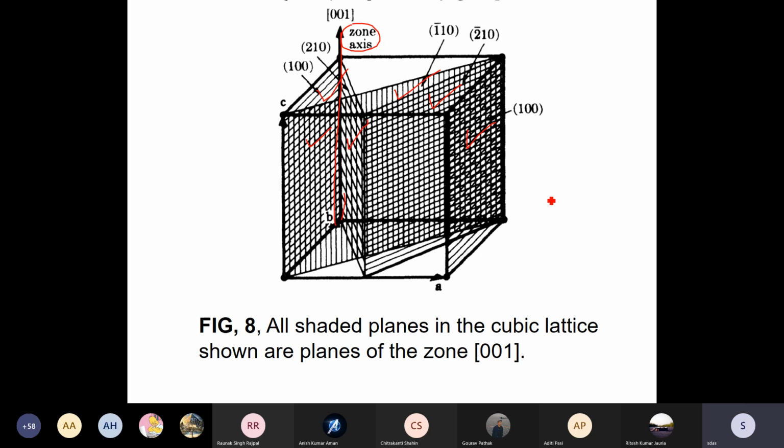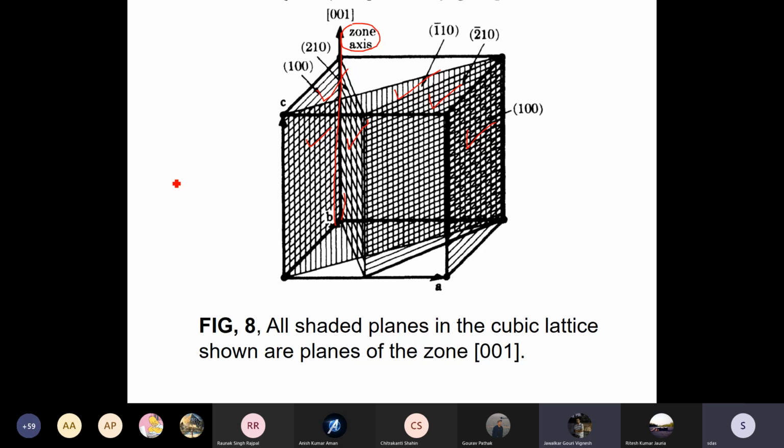How many of you do not know Bragg's law? Don't worry about it, just tell me. n lambda is equal to 2d sine theta. First order reflection is n equals 1, so lambda is equal to 2d sine theta. Okay? Yes, sir.